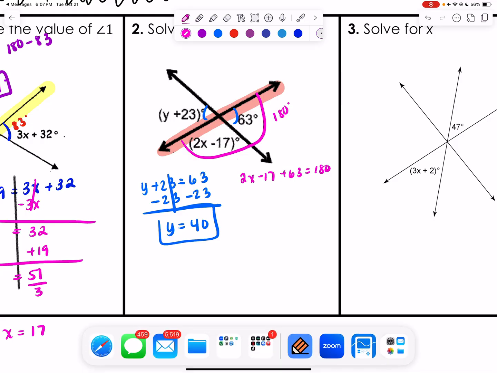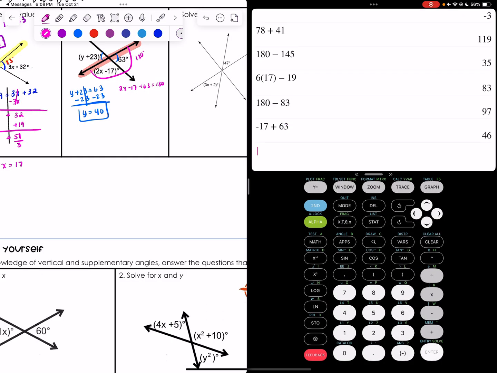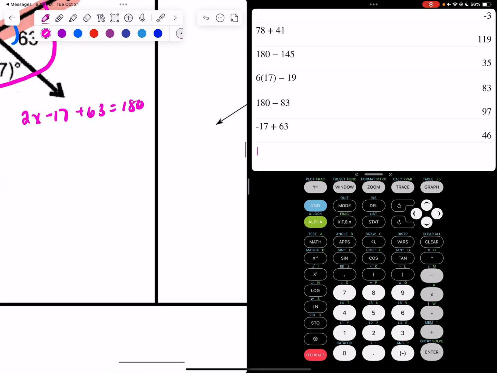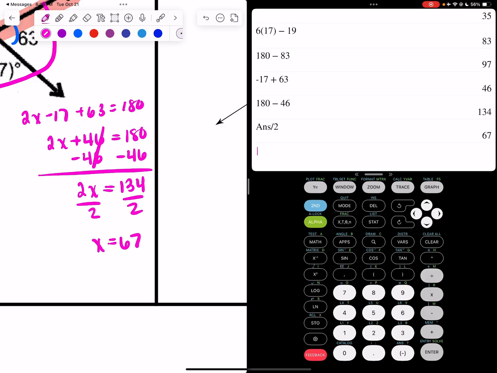I then combine my like terms, so I do negative 17 plus 63, and I get 46. And now I subtract 46 from both sides. And now I divide by 2. So when I divide by 2, I get, I believe, 67. Perfect, 67.